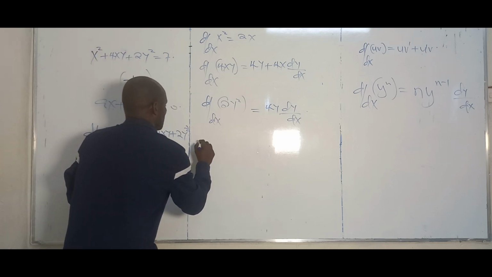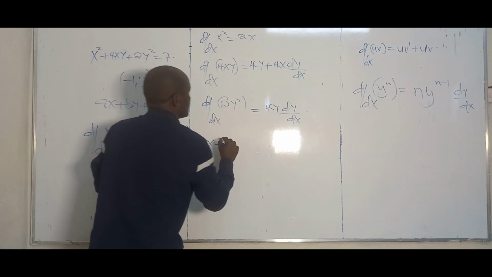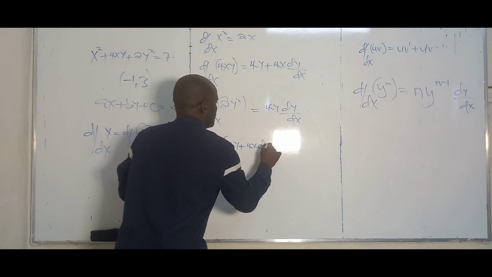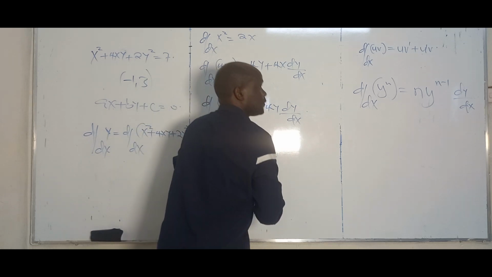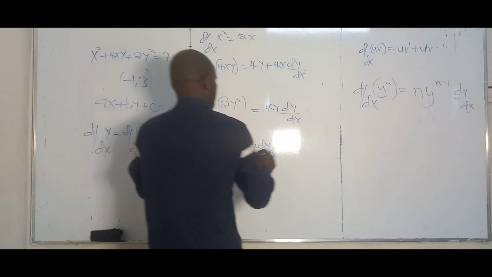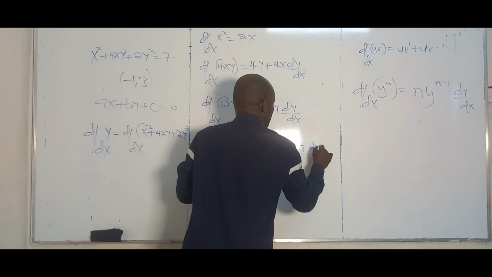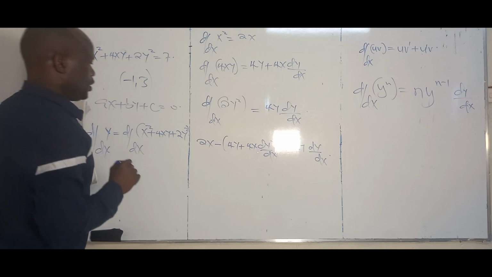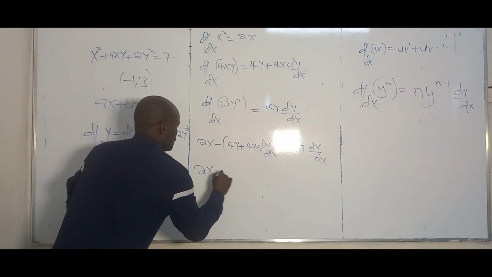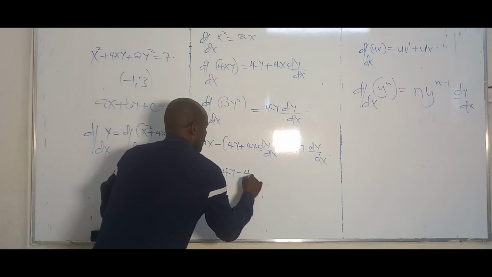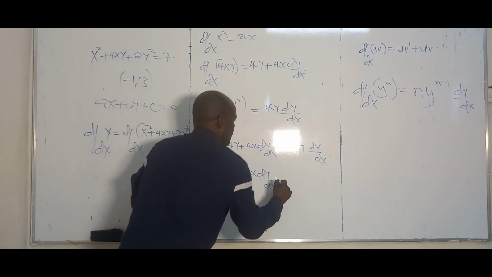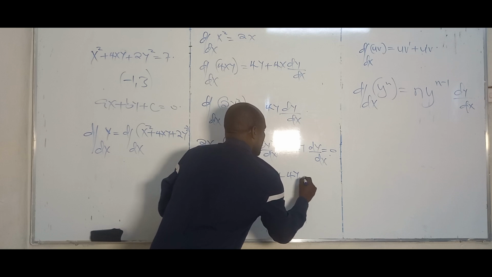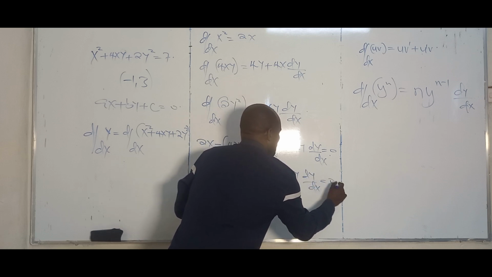So first we have 2x plus 4y plus 4x dy/dx plus 4y dy/dx is equal to 0.